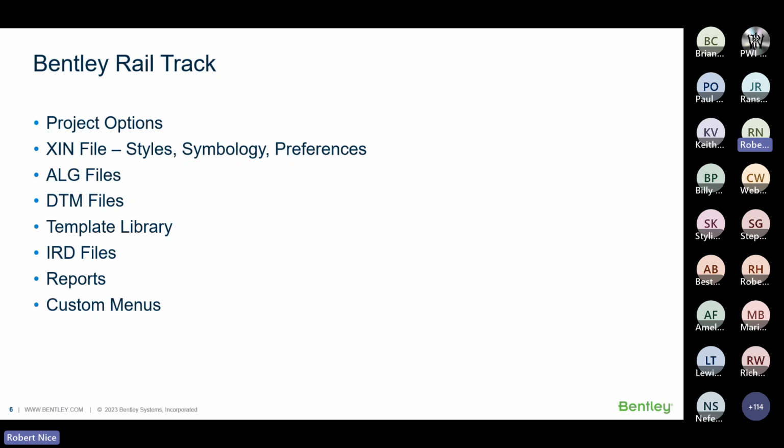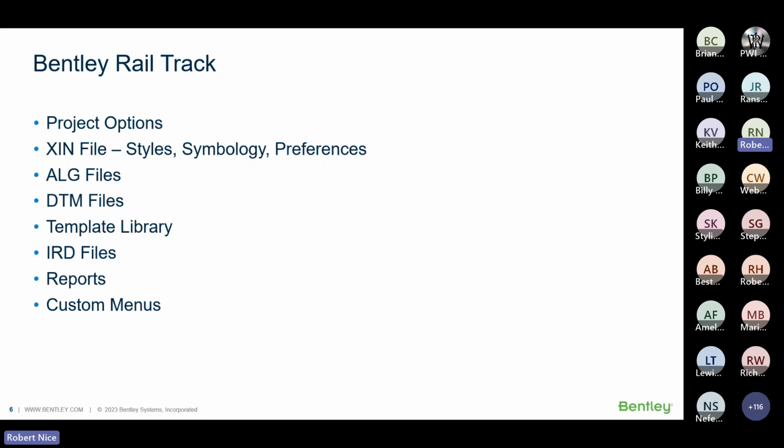The ALG files, again, are your alignment. So this project set: you have a project, Stratford, and inside it is the up main, down main, whatever, and underneath there would be the geometry of the horizontal, vertical, and cant. DTM, digital terrain models, of course, that's ground models. Template libraries, if you're just doing renewals, you might not be using those.